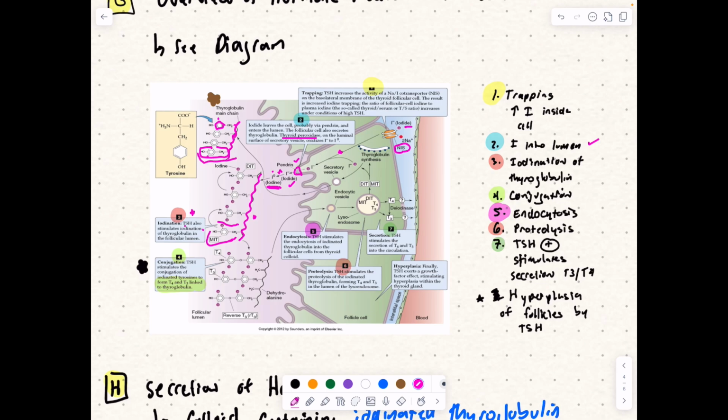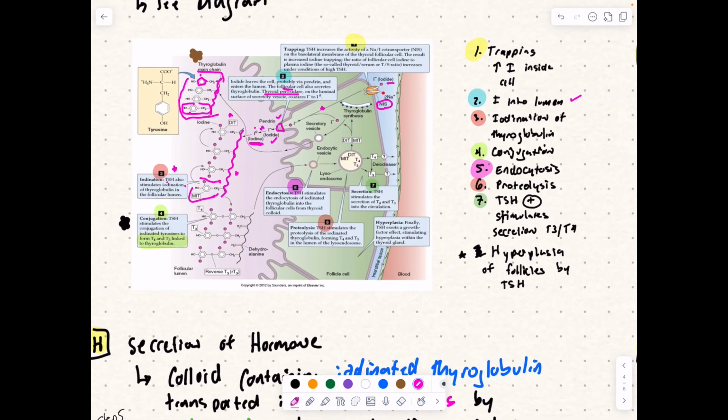Though technically this whole thing is thyroglobulin, right? But we're taking the side chains of thyroglobulin and making them into MIT. And then another iodine, again with our friend thyroperoxidase, you're going to get DIT. Okay, so we've done this step, iodination of thyroglobulin. Now we're in conjugation of 2 diiodotyrosines.